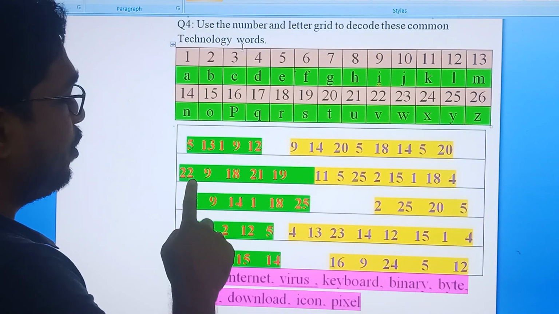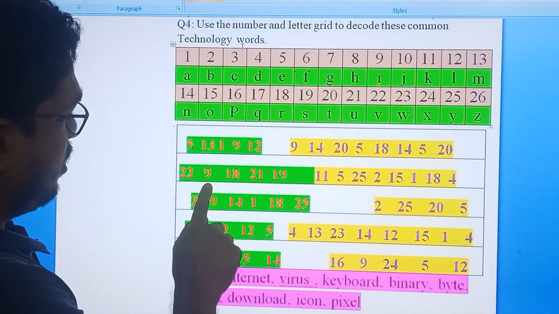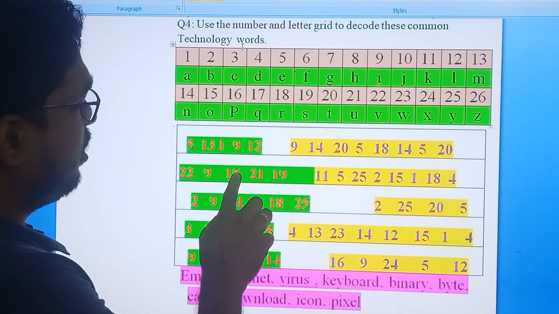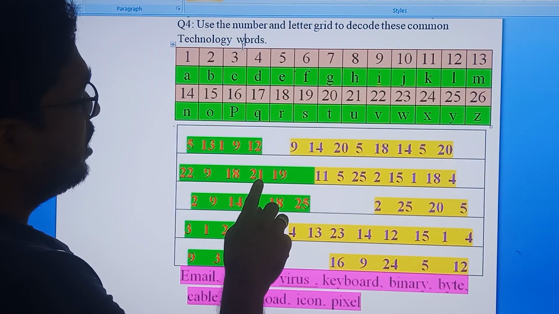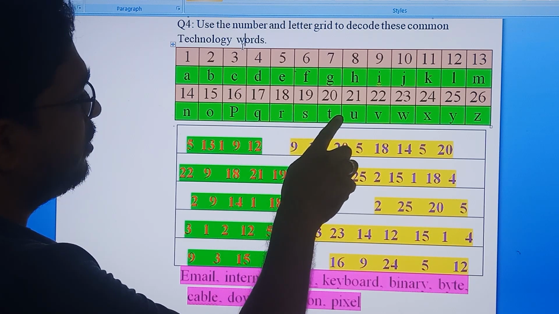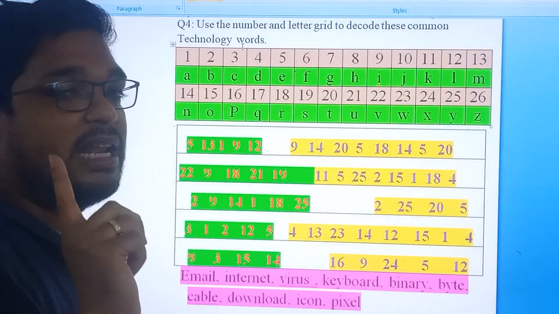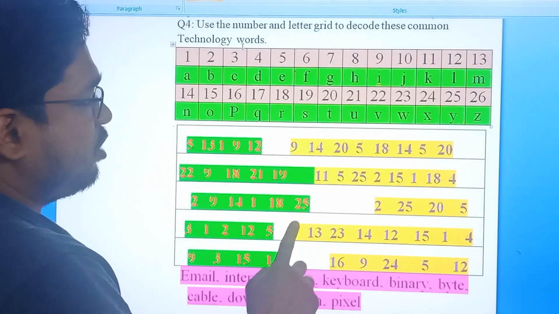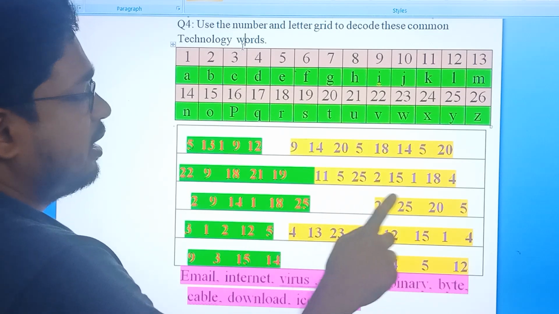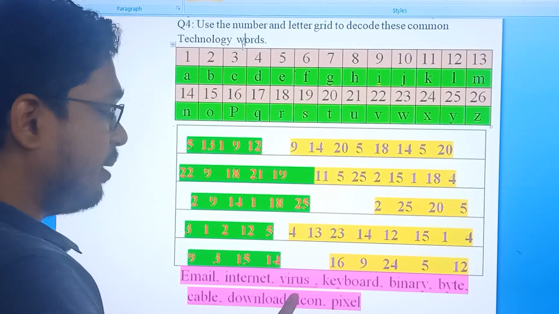Next, 22 is V, then 9 is I, 18 is R, what is 21? It's U, and 19 is S. Virus. It's also a technology word. Like this, you have to solve all the rest of the code, and I have already given the answers.